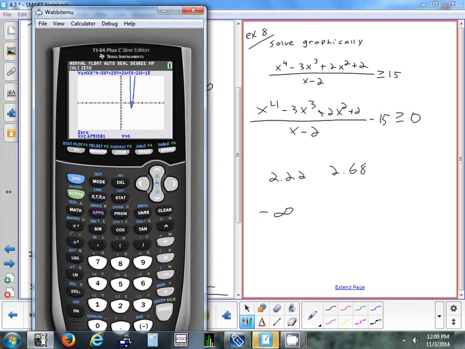So from negative infinity up to 2.22. And we can include it, because we have greater than or equal. And then we're going to go from 2.68 up to positive infinity. If you wanted to know where this graph is less than 0, it would just be from 2.22 to 2.68. Just the opposite of what we have.